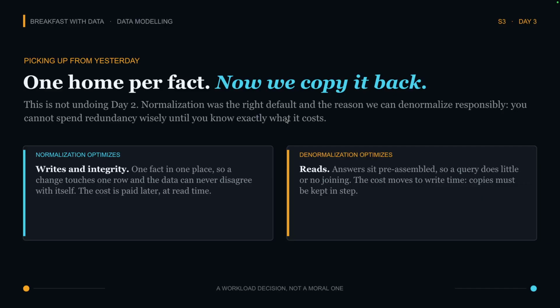The cost is paid later when we try to read the listing, and there are specialized databases for this kind of operation. When you look at operational databases, MySQL, SQL Server, Redis Cache, different operational databases, right?